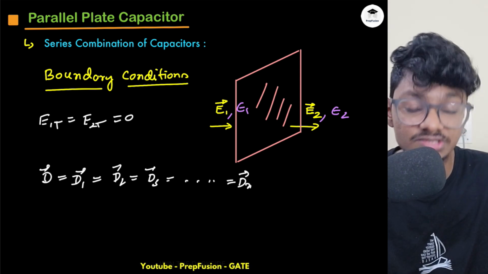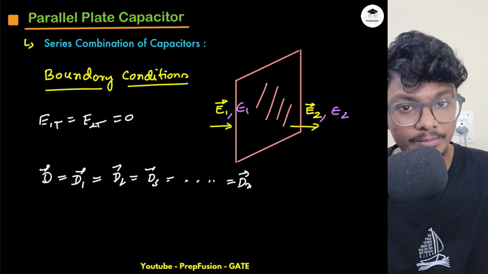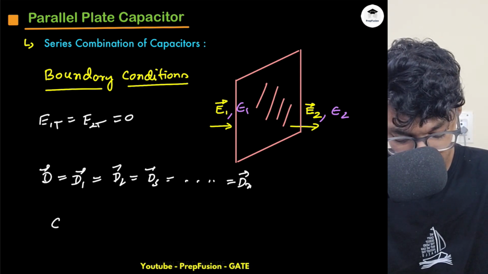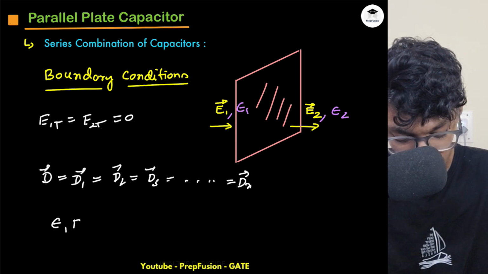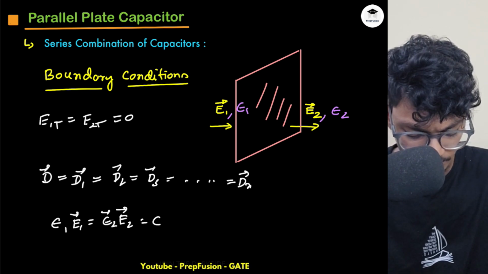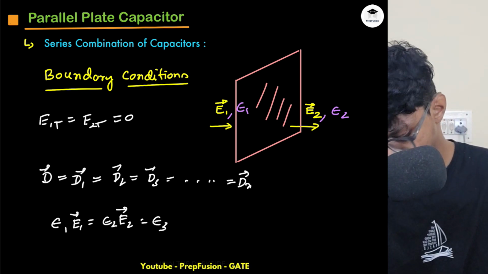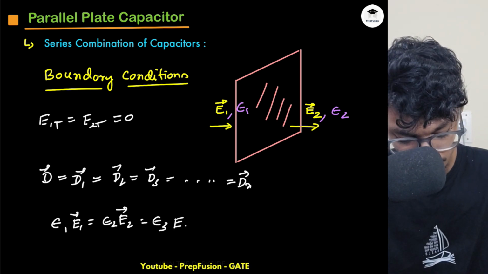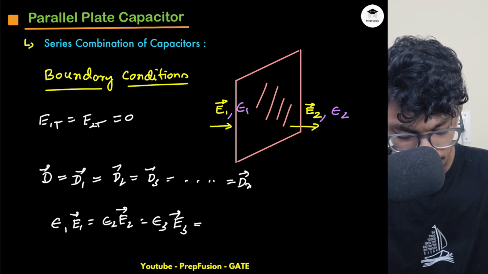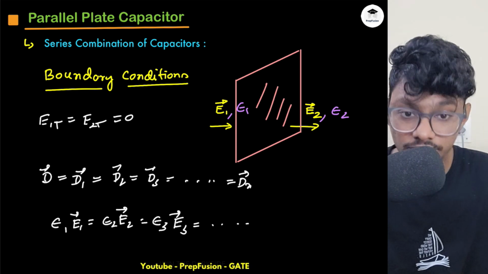Obviously the electric field will change, with respect to the electric permittivity of the medium. So I can replace D1 with epsilon 1 E1, equals epsilon 2 E2, and from there you can simply solve. This will be equal to epsilon 3 E3, this is not a vector quantity, sorry, epsilon 3 E3, and this will go on, right? So this is what is happening.